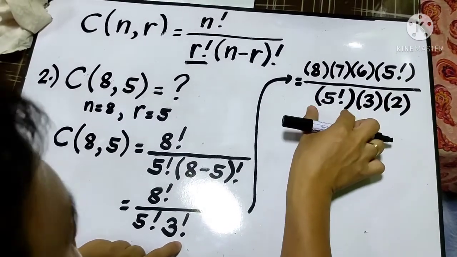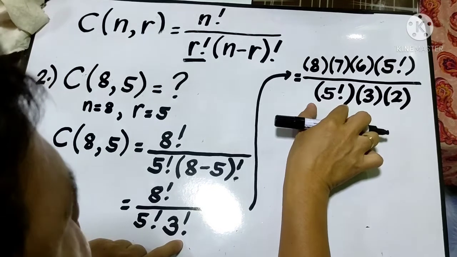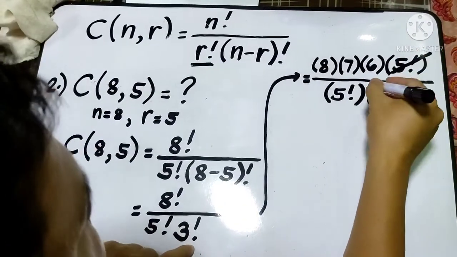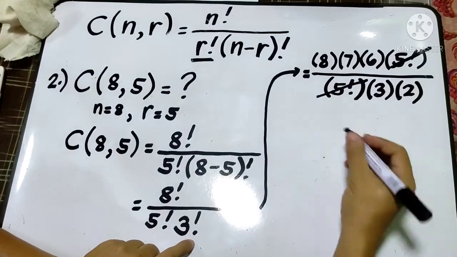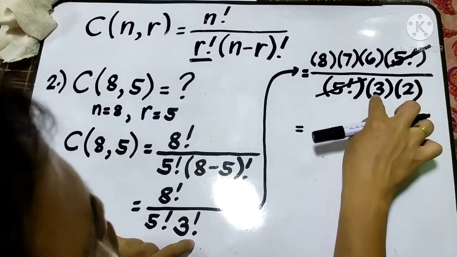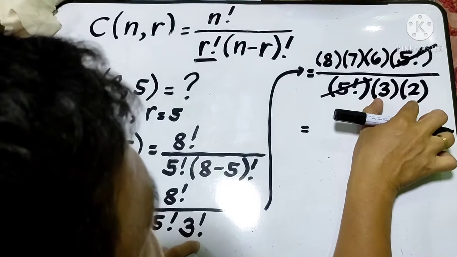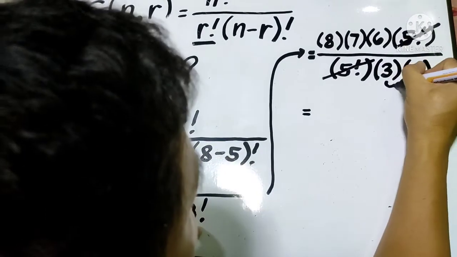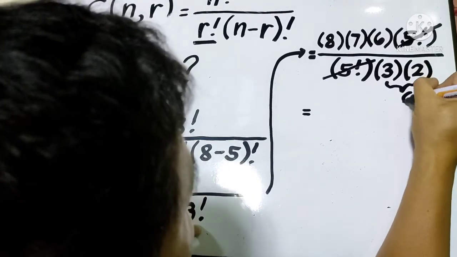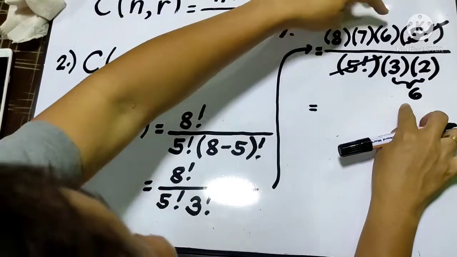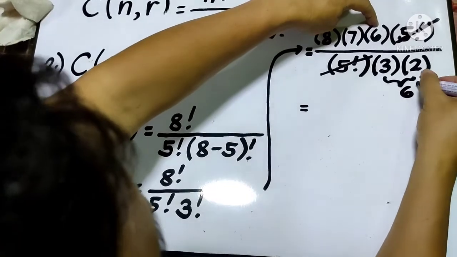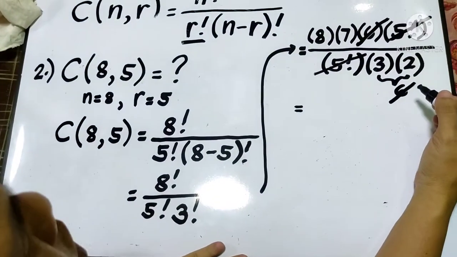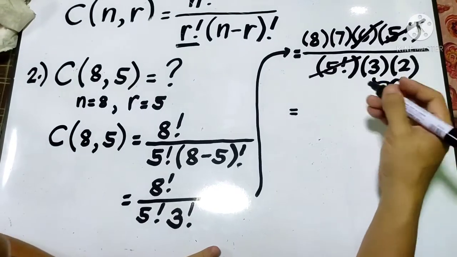So, I just copied the 5 factorial because there is 5 factorial in the numerator so it can cancel. Okay? And then, 3 times 2 in the denominator is equal to 6. We have 6 in the numerator. So, you can cancel 6. So, what are the numbers left in the fraction?